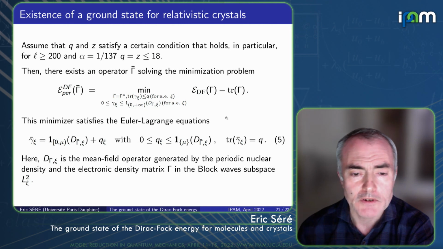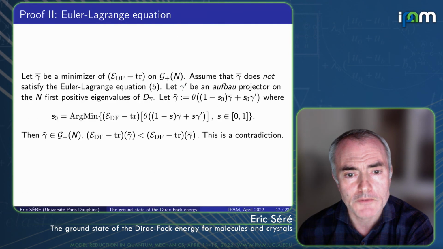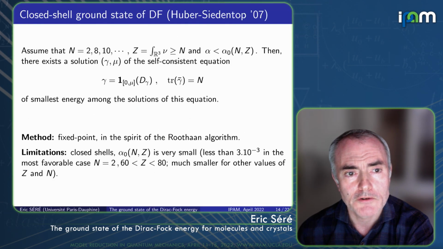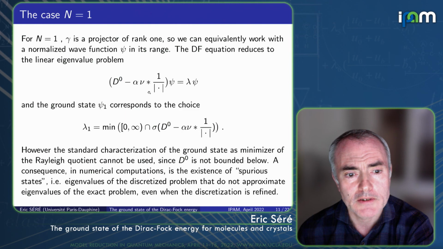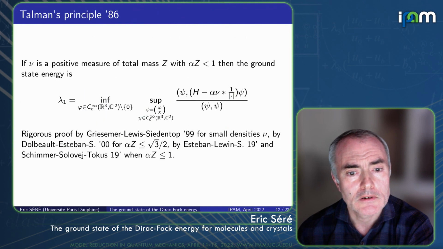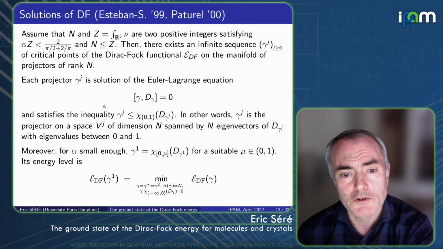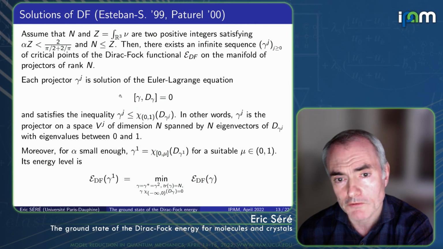And let me say that before that we had tried to study this problem by using ideas coming from what we had done earlier with Maria Esteban and what Eric Paturel had done. And so this kind of approach, the critical point approach, didn't work because the functional analysis was too hard.